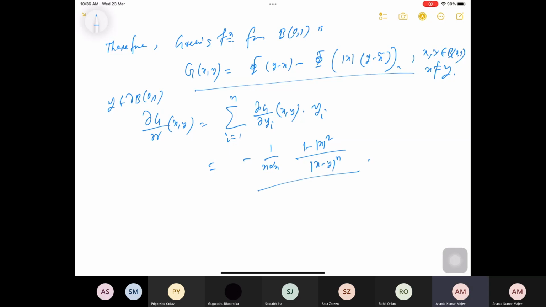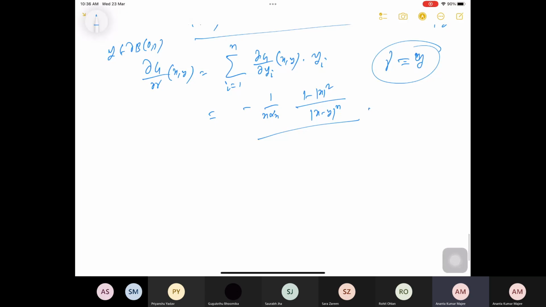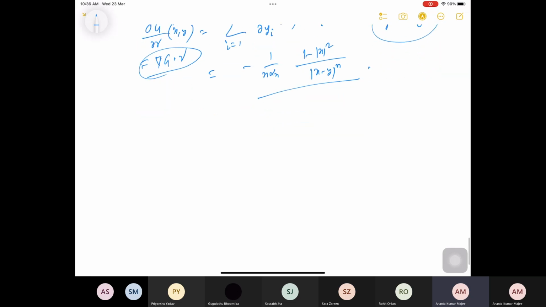You check this formulation. You find out ∂G/∂y_i, because in this case the normal vector ν is nothing but your y, so that I have ν_i. This is G dot ν, a vector product in summation form.